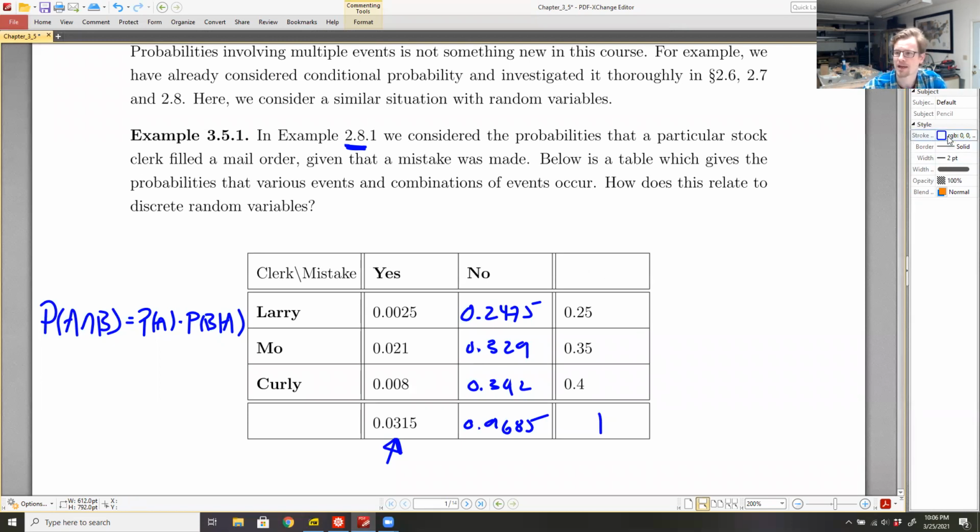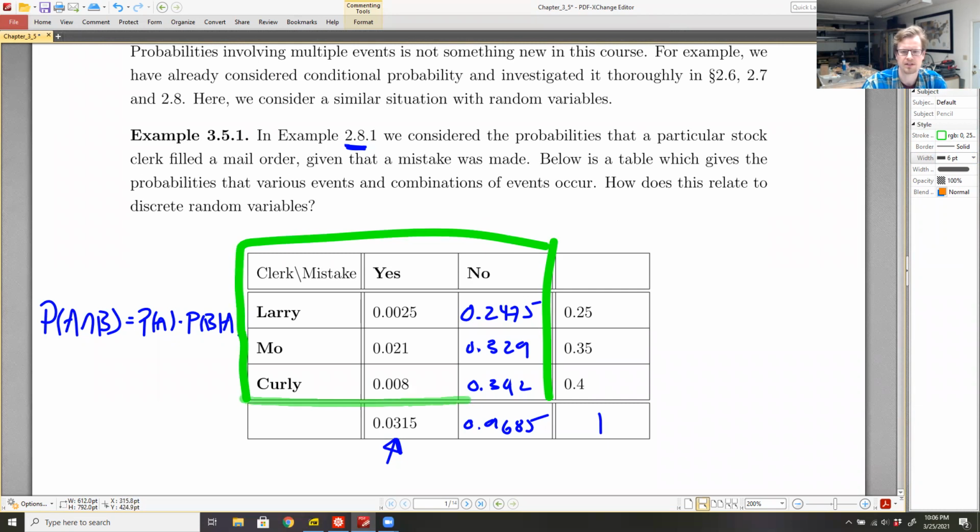Okay, so our main interest for this section is actually going to be the table, not the entire thing, but just a portion of this table. Our interest is in this thing right here.